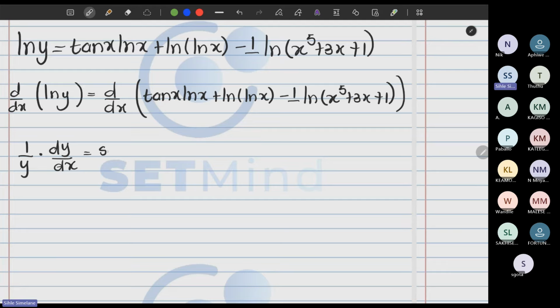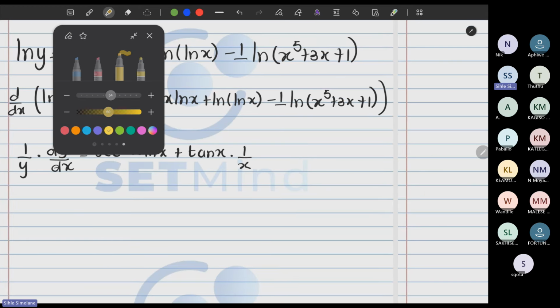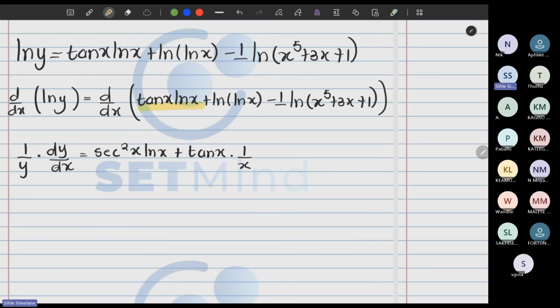I think it is sec squared x, isn't it? And then that will multiply ln x. And then now we need to go and derive ln, which means we'll have tan x times 1 over x, which is the derivative of ln. Are you guys still following? It's just the product rule in the first part. This part here, when I derive, gives me that portion. You guys following?